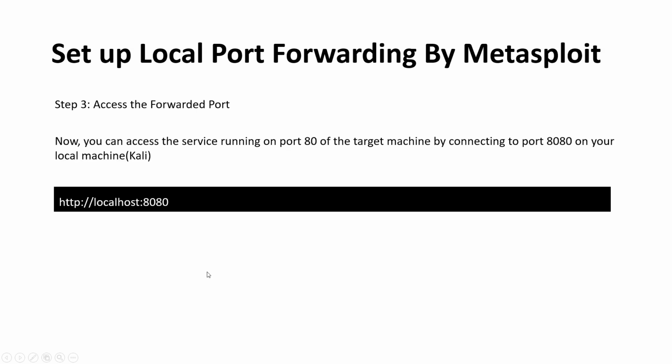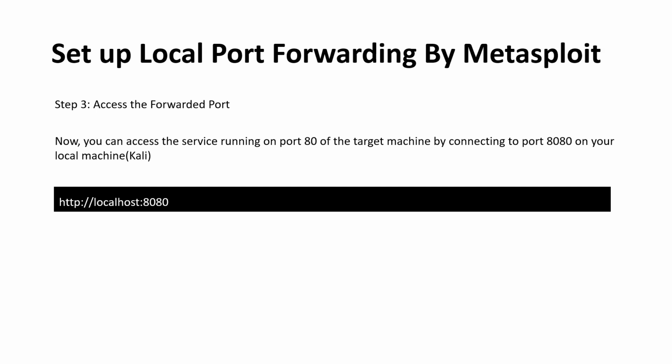Okay, and then back on the Kali Linux, we can access this forwarded port number, depending on the service which is running on this port. If the service is an HTTP service, then we can use the browser to access it.